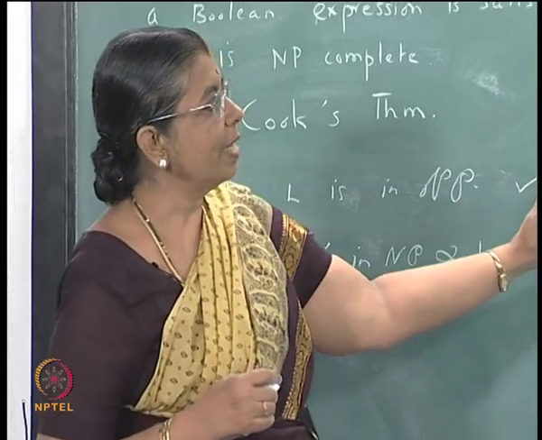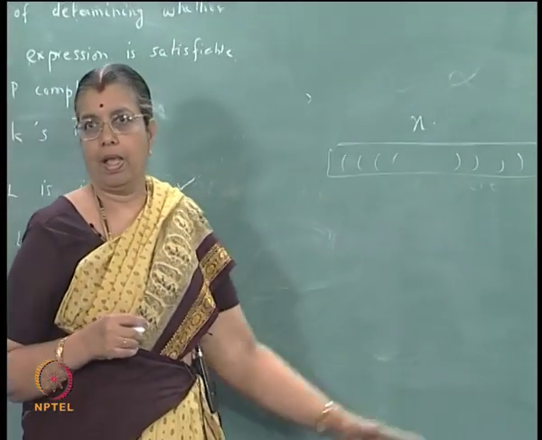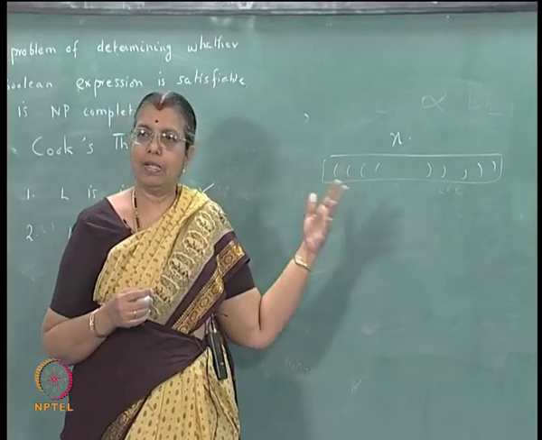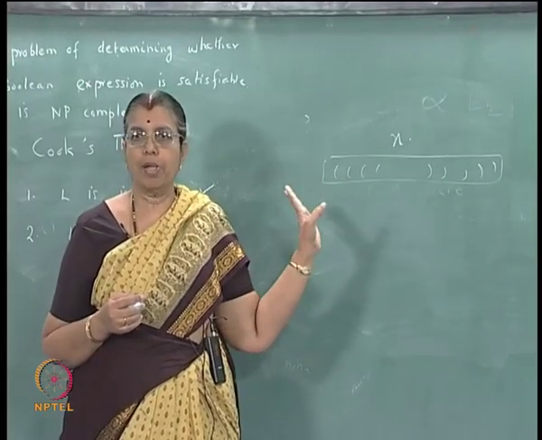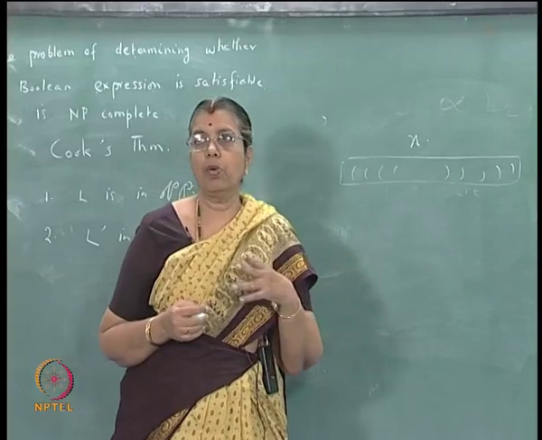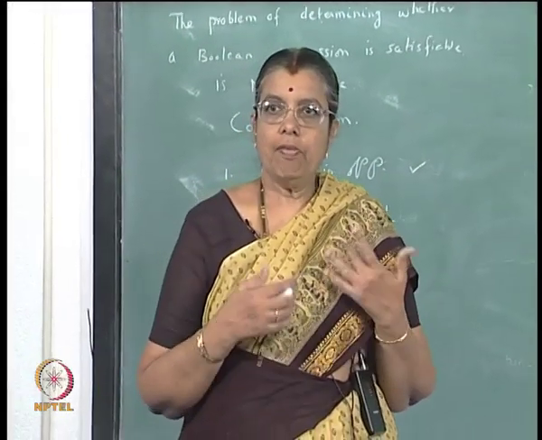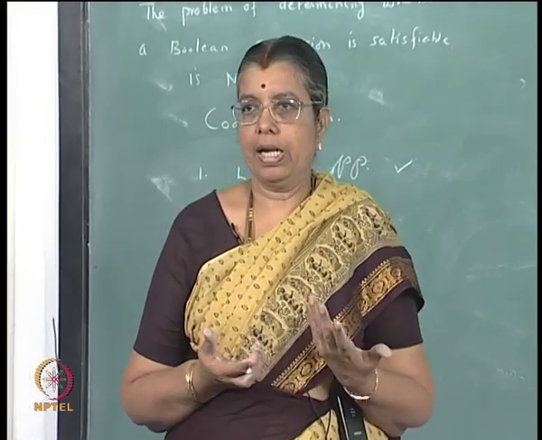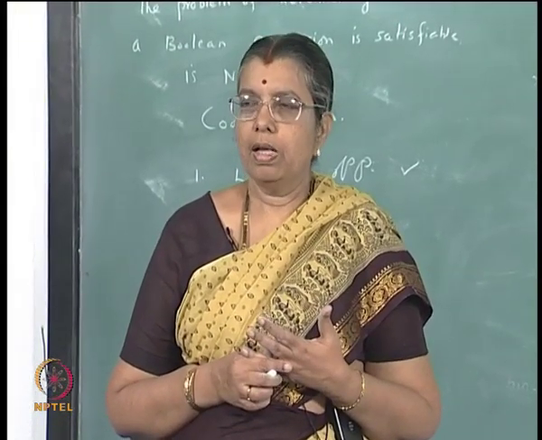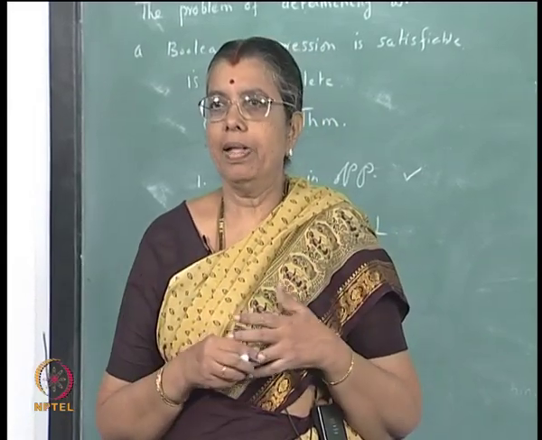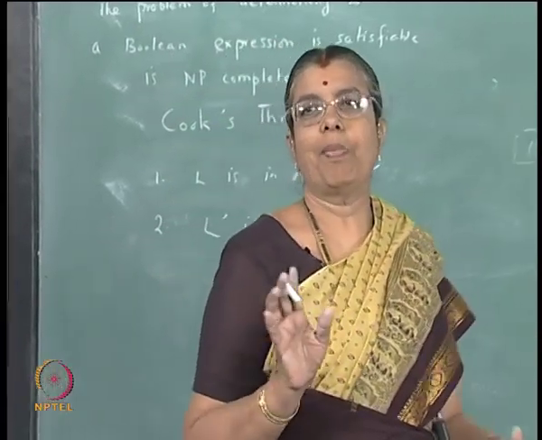One pass will take order n time. At the most you have to make n passes. So, in order n squared time anyway you will be able to evaluate. Once you are able to guess an assignment, evaluation of the expression will take order n squared time. Some shifting this way, that way, all those things will be there, that does not matter. Our aim is whether it is a polynomial or not.